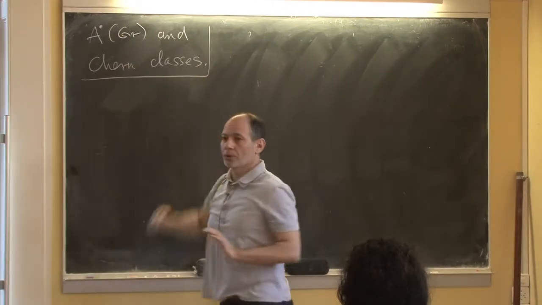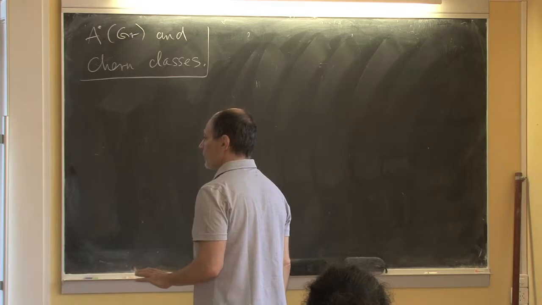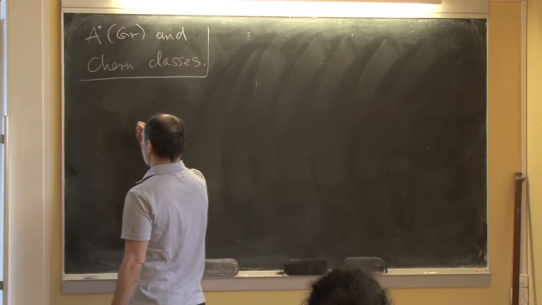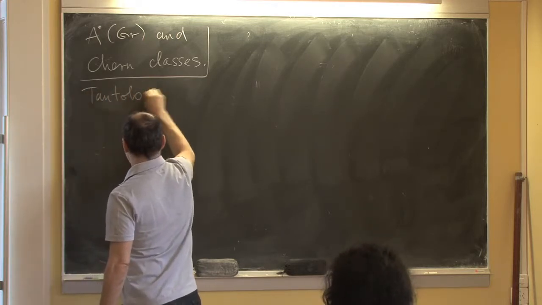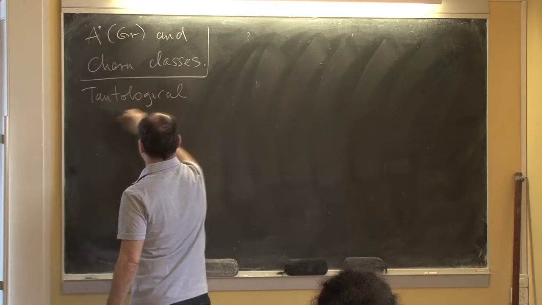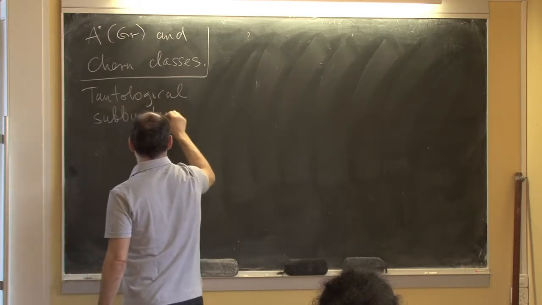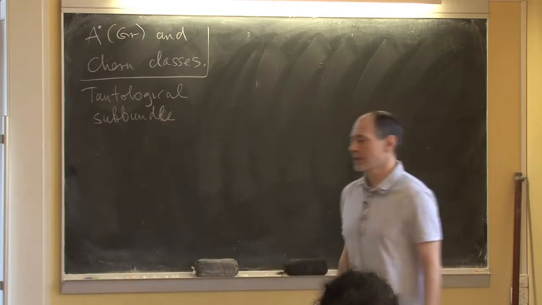So I remind you what the basic setup was that interests us: we have the Grassmannian, and we have the tautological subbundle. So more precisely, I have this tautological sequence.